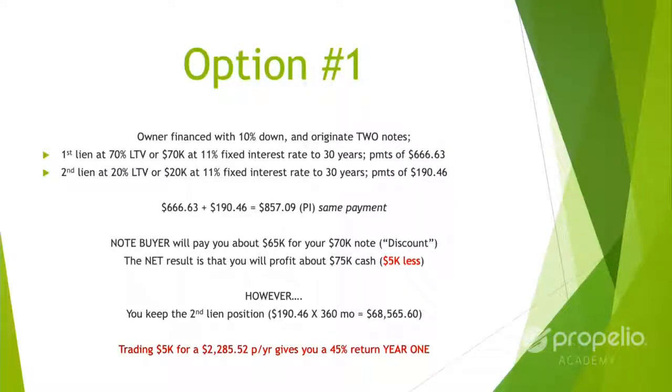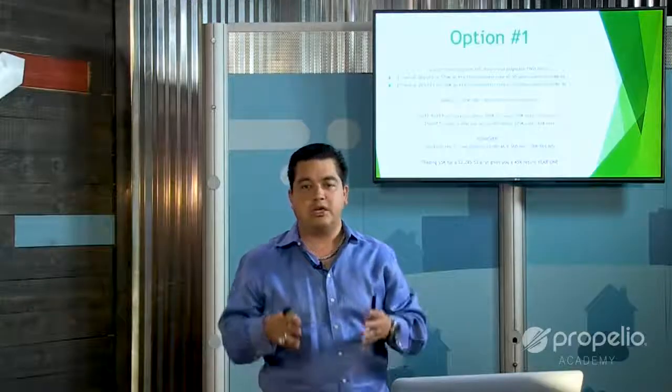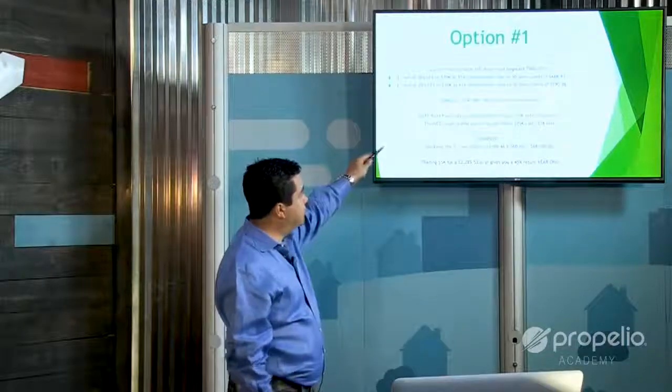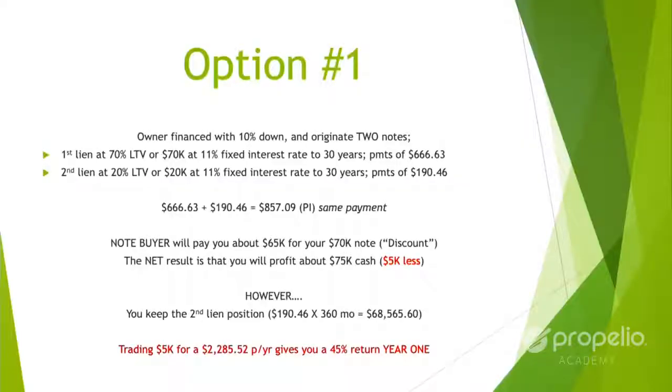The second one, in a 70-20-10 structure, is a second lien position at 20% LTV, or $20,000 in this case, at 11% fixed interest rate for 30 years. That's going to give you payments of about $190.46. Again, we're only doing principal and interest calculations at this point. So if you take $666.63 plus $190.46, that's $857.09.